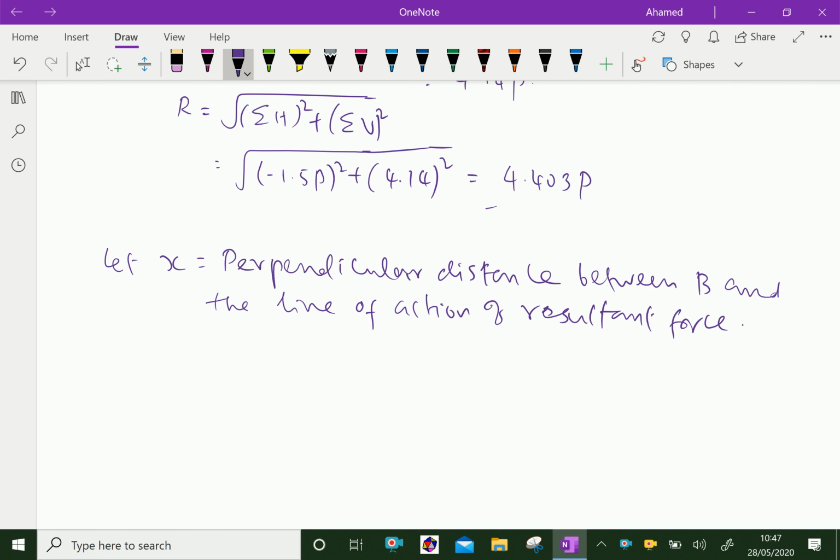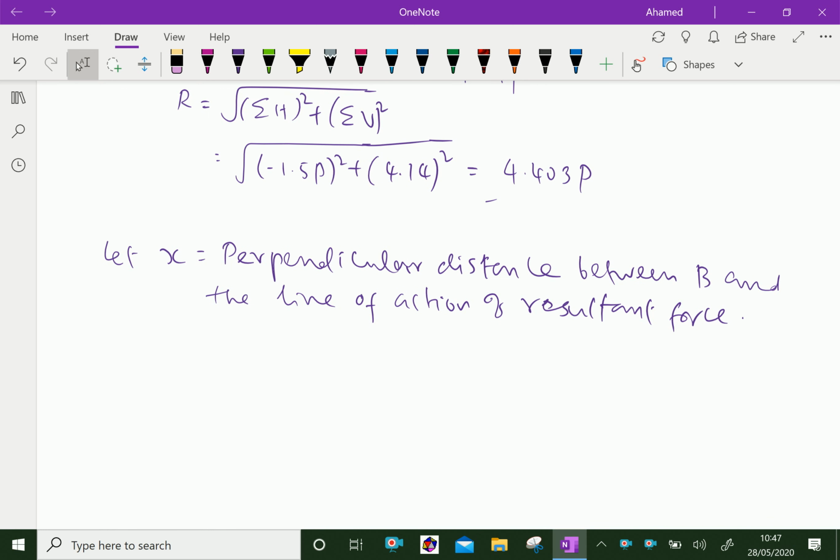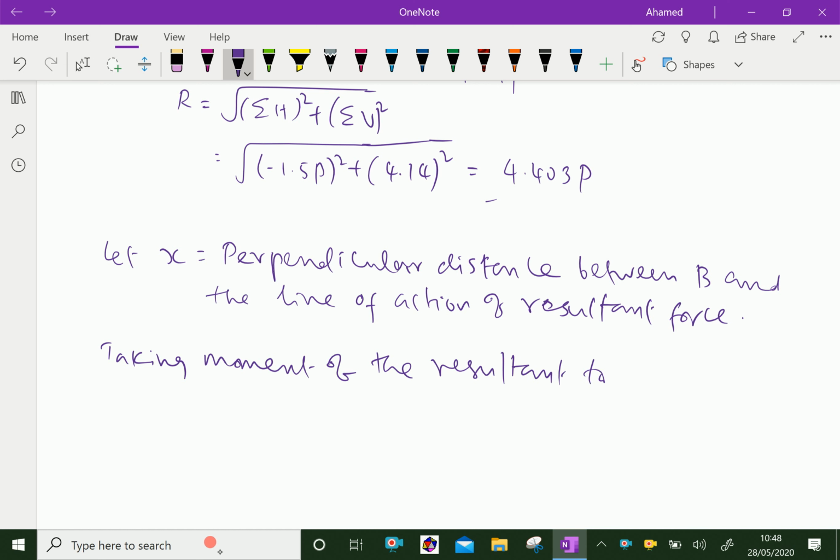Now taking moments of the resultant force about B and equating it to the moment of the line of action.